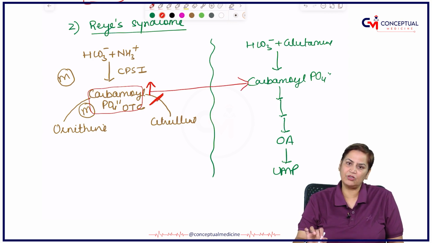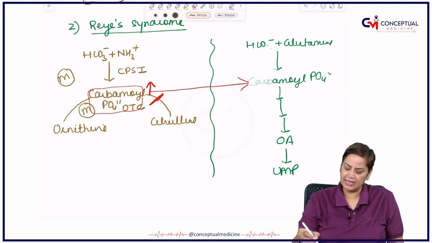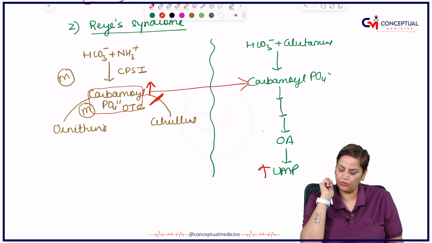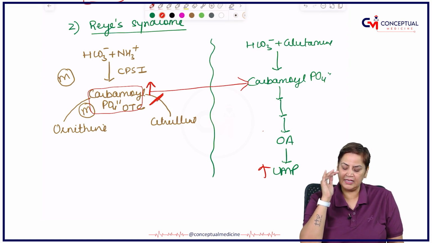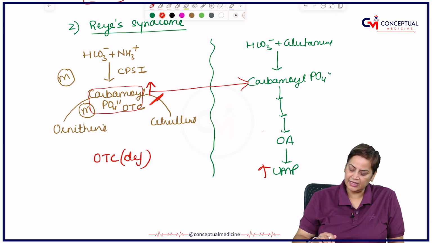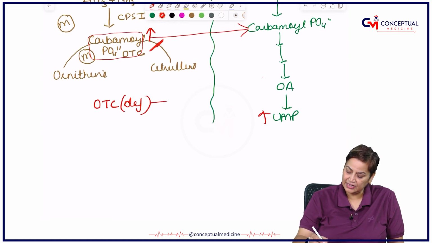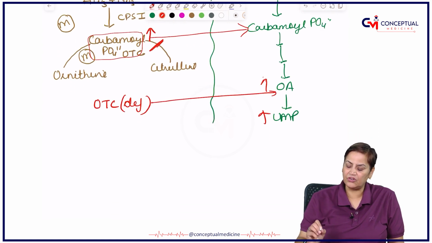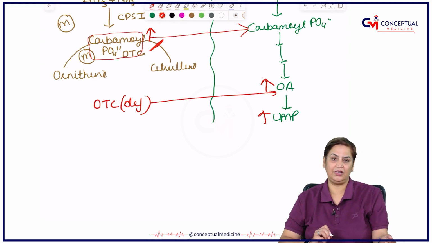It will enter into the cytoplasm. So you can say that it is going to increase the concentration of uridine monophosphate and orotic acid. So whenever there is deficiency of OTC, always remember OTC deficiency always leads to increased concentration of orotic acid and uracil in urine.